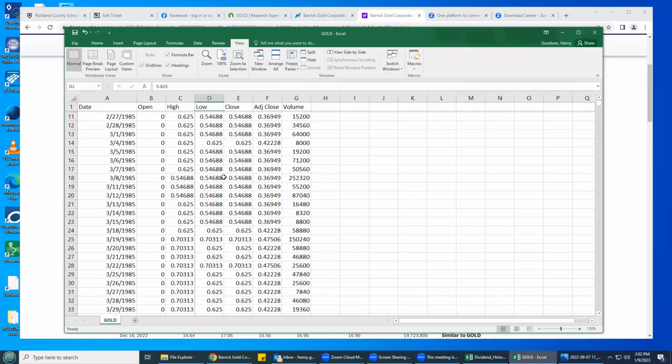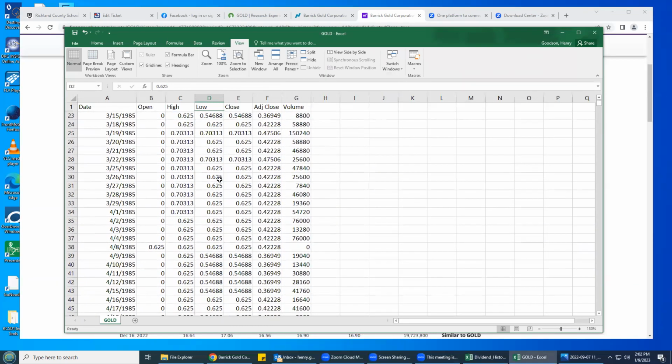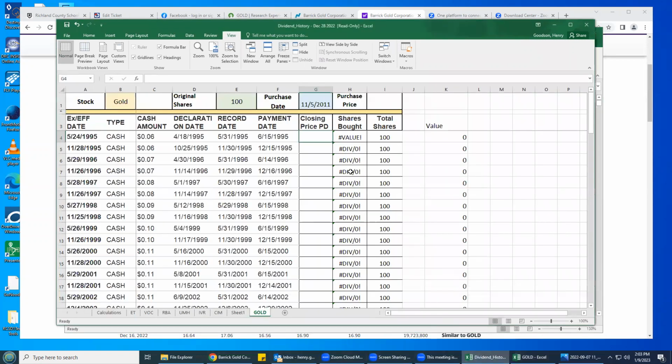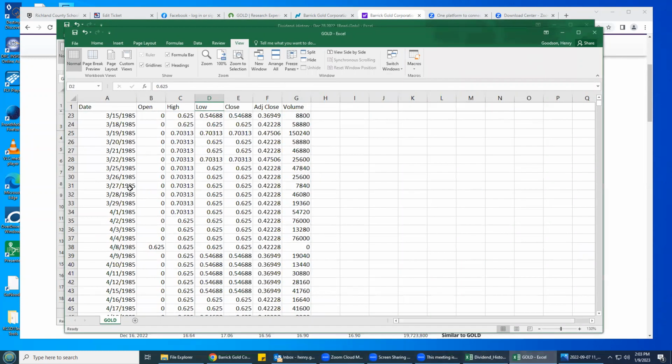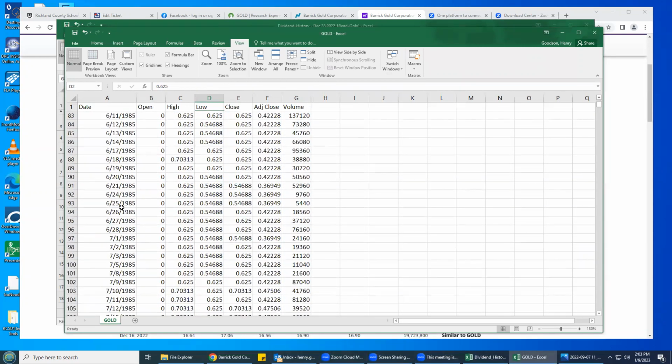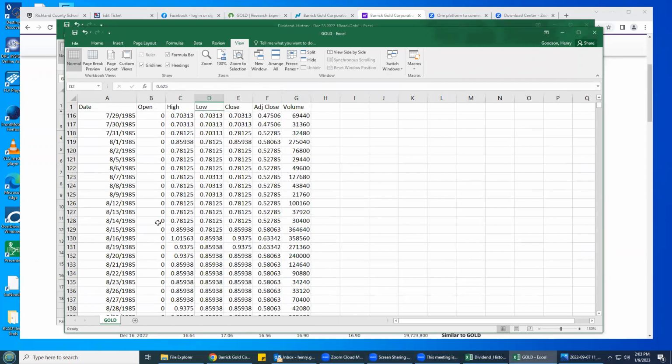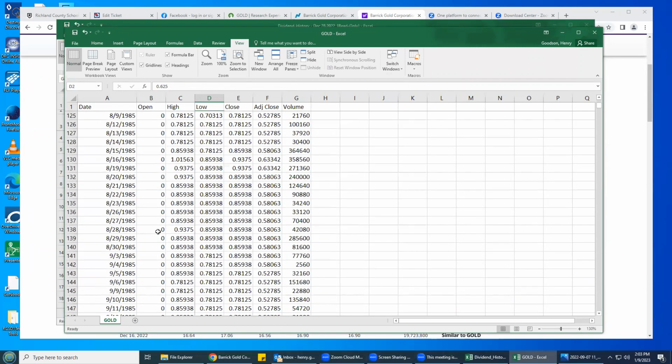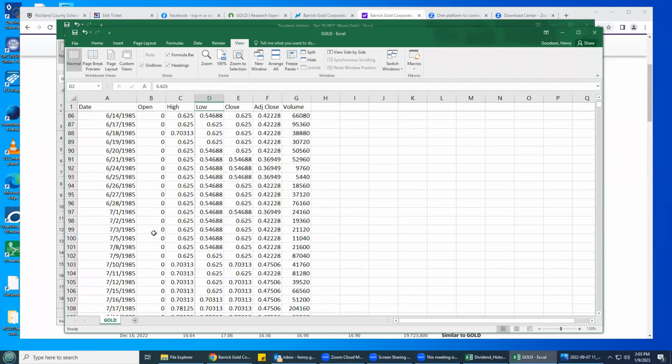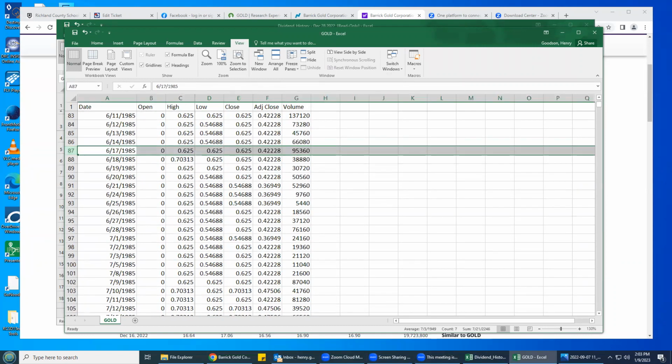Alright, so you can go in and the date you want is 6/15/1995. So you go in, go down to 6. I don't know. As you can see, I don't have a 6/15.